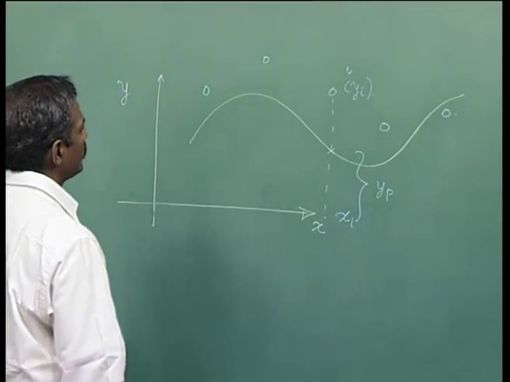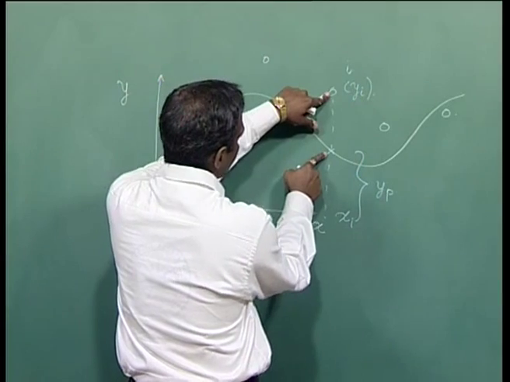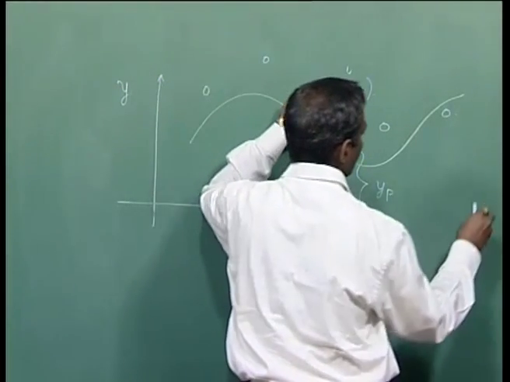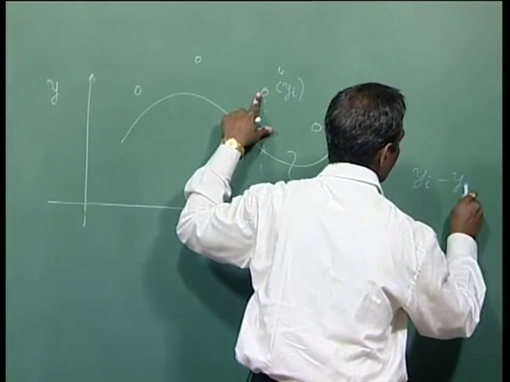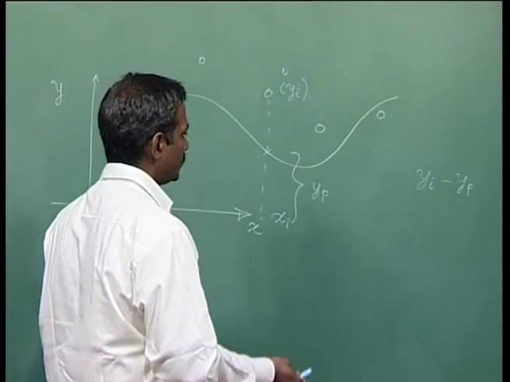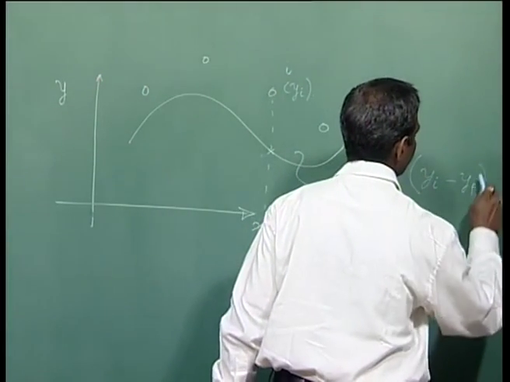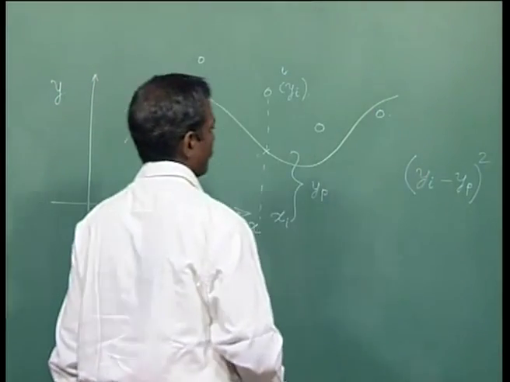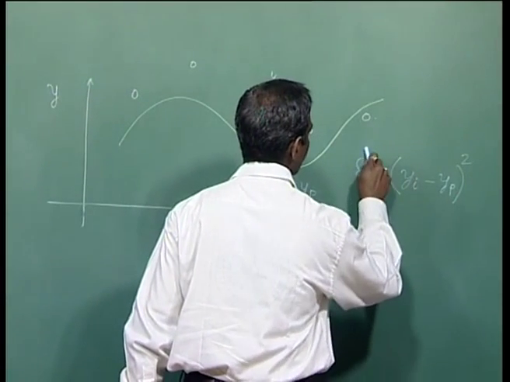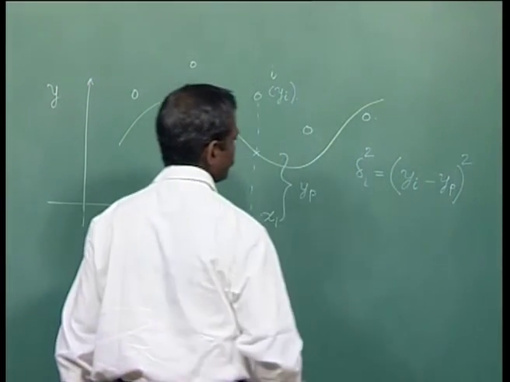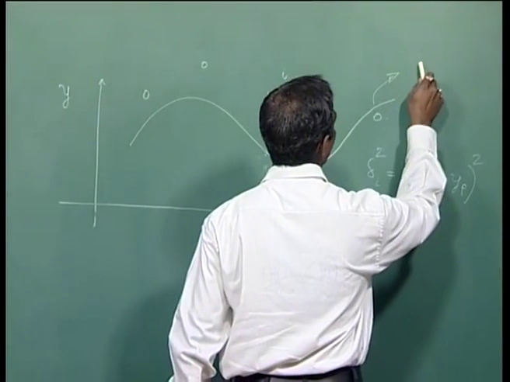Naturally, the error would correspond to this distance, which is yi minus yp. One can either take the absolute value or one can take the squared value. This is delta i squared. Recall that this is a quadratic polynomial.